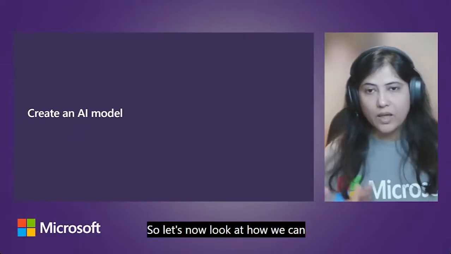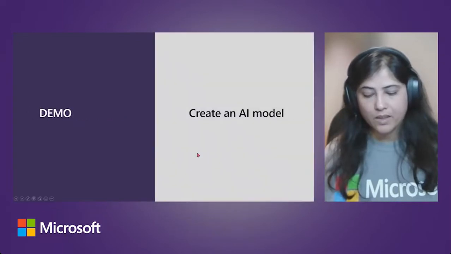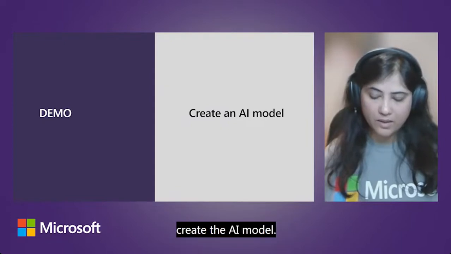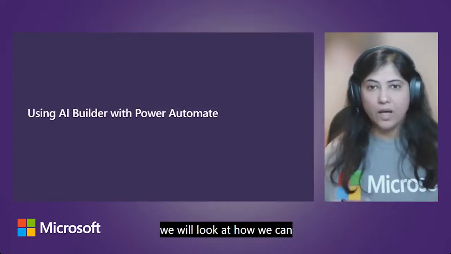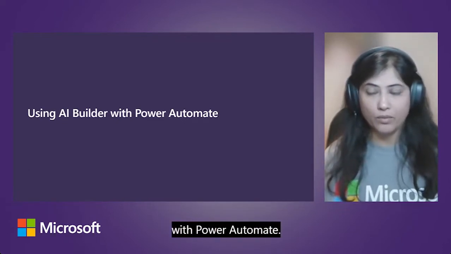So let's now look at how we can create an AI model. In this demo, we will look at how we can create the AI model, and then after that, we will look at how we can use the AI builder with Power Automate.